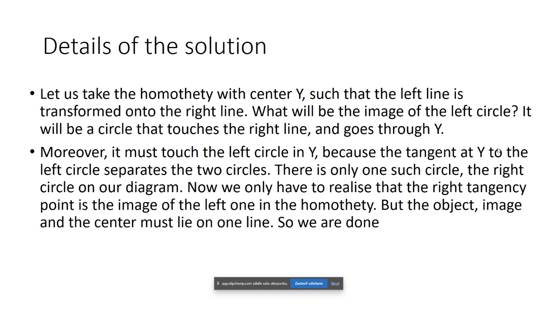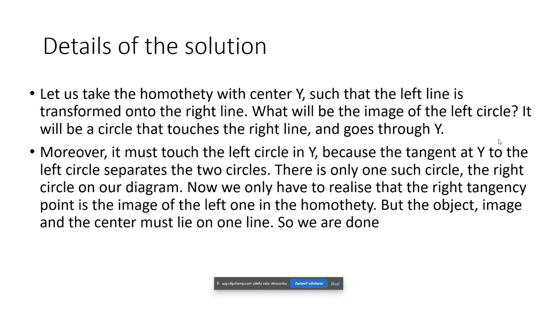So there is not another point that might be an intersection point. So there's only this touching. Okay, so we now know that the image of the left circle will be the right circle because there's only one circle which touches the left circle at y and touches the right line.